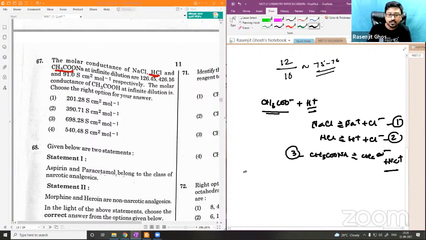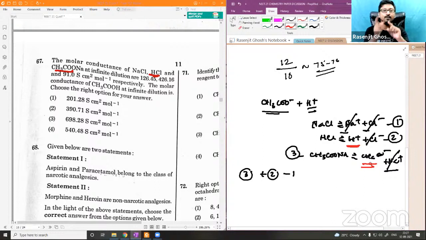Now if I do 3 plus 2 minus 1, then what will happen? The Na plus from here and Na plus from here will be cancelled out, because here is a minus, and the chloride and chloride ion will be cancelled out. So you will get only H plus and acetate minus.